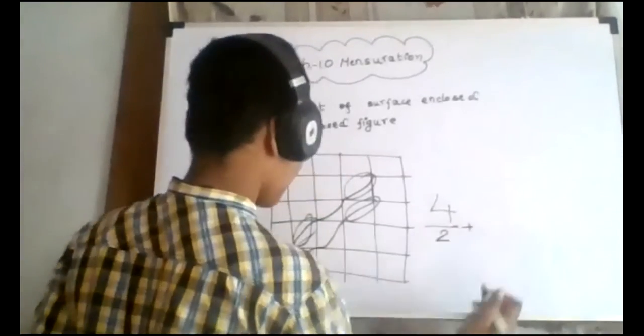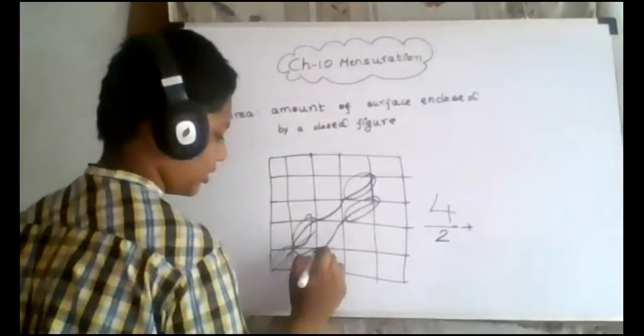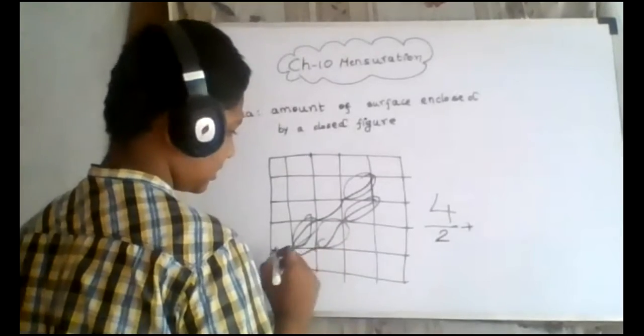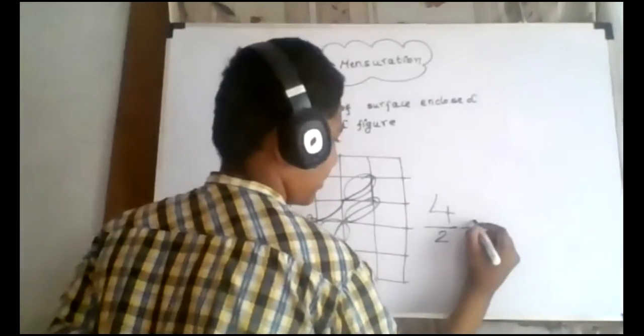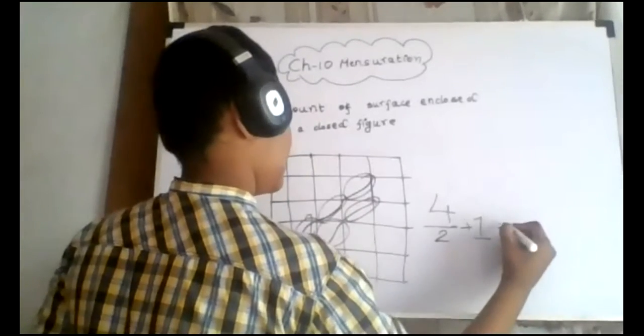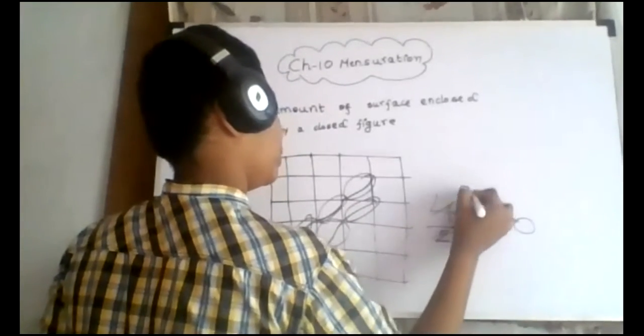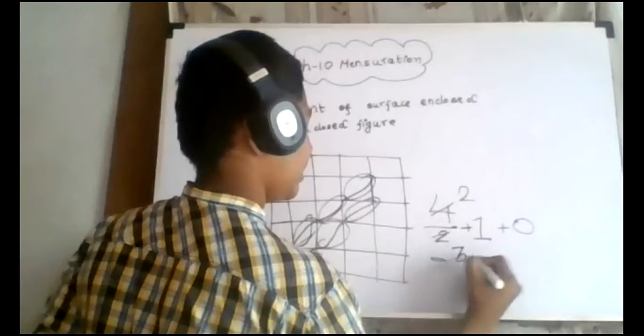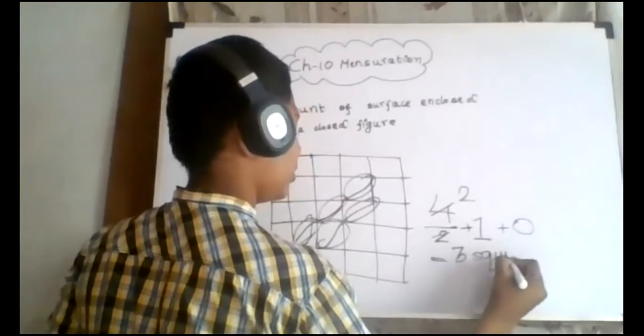Next, more than half squares. This is more than half, and there is only 1, so we consider it as 1. Less than half, we consider as 0. So 2 plus 1 is 3 square units.